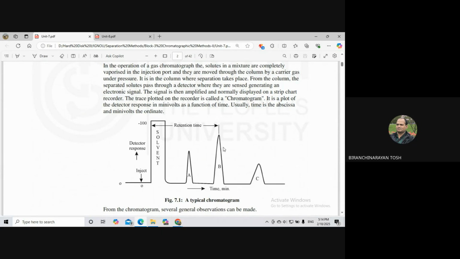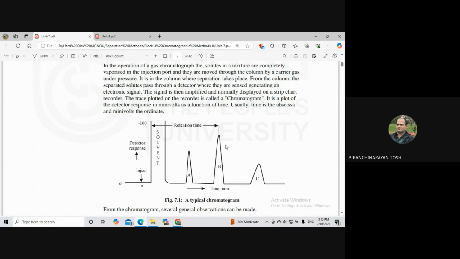In the operation of a gas chromatograph, the solutes in a mixture are completely vaporized in the injection port and they are moved through the column by a carrier gas under pressure. It is in the column where separation takes place. From the column, the separated solutes pass through a detector where they are sensed, generating an electronic signal.